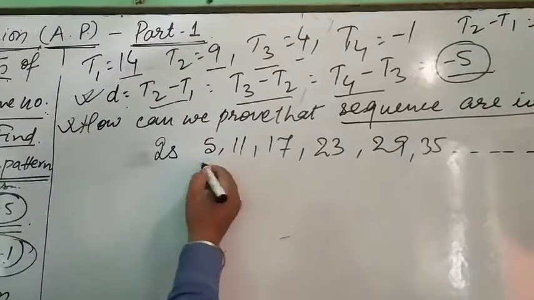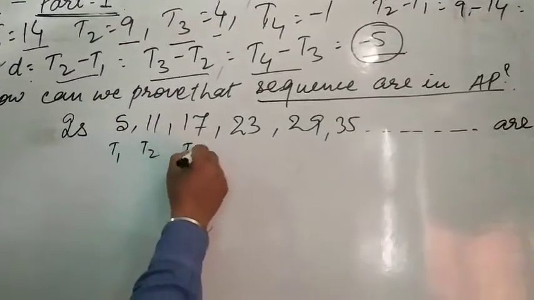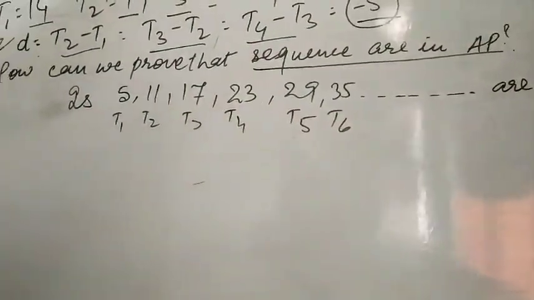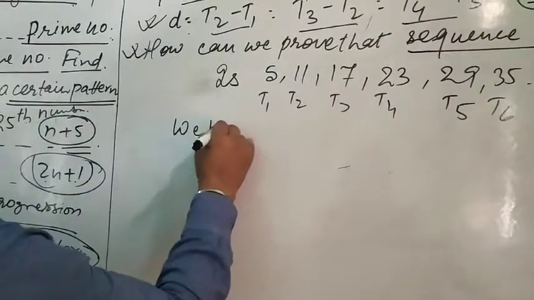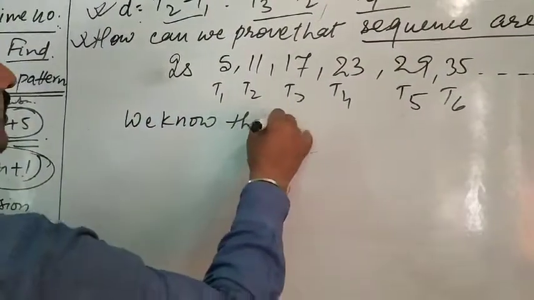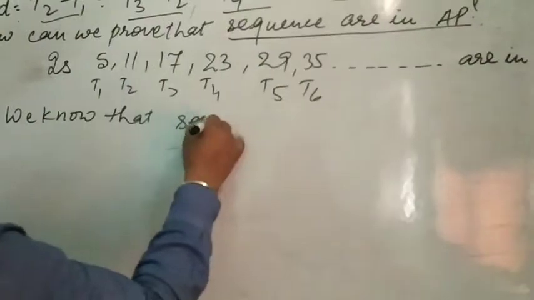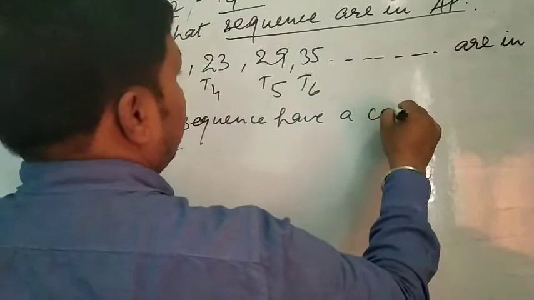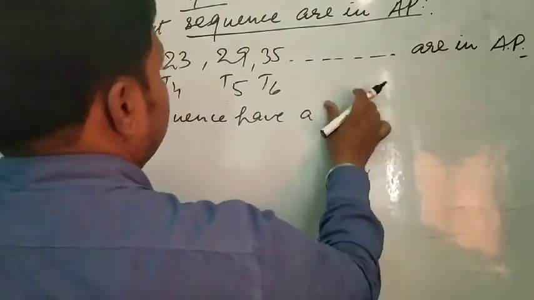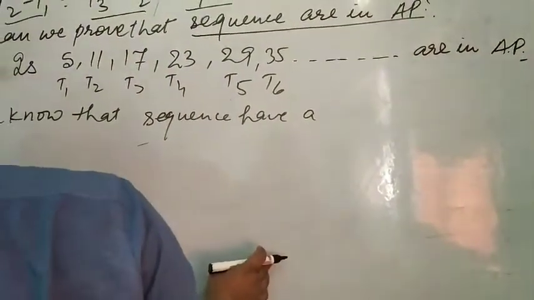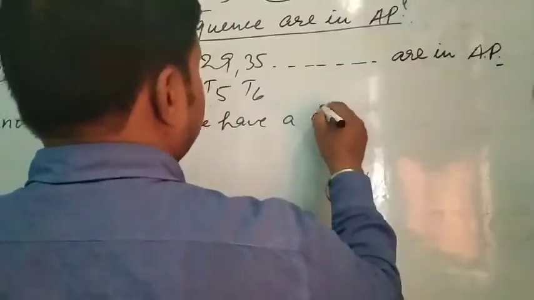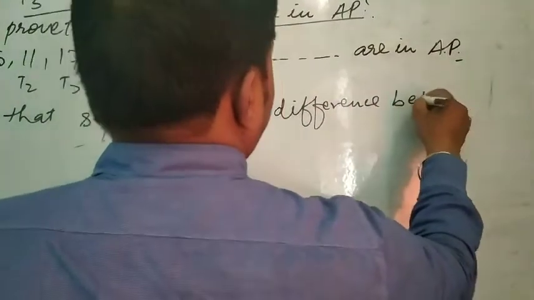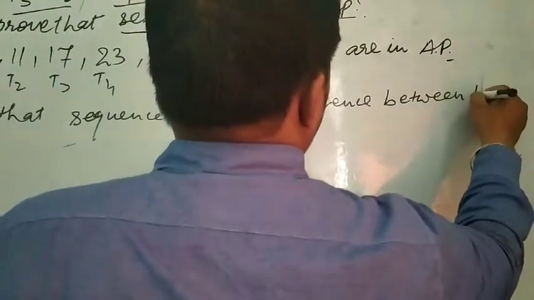Your first term T1, T2, T3, T4, T5 and T6. We know that the sequence has a difference between each preceding term.